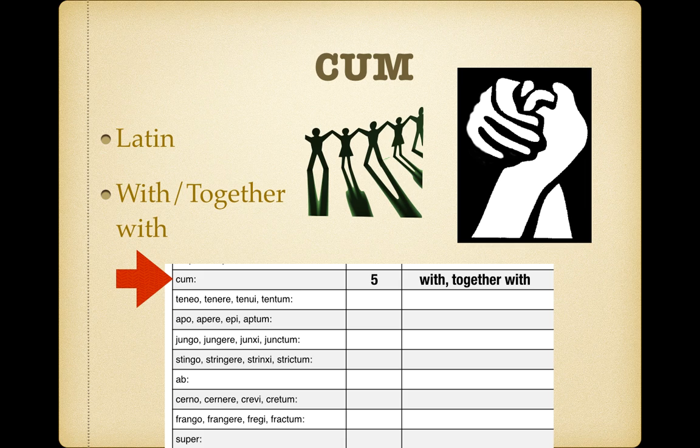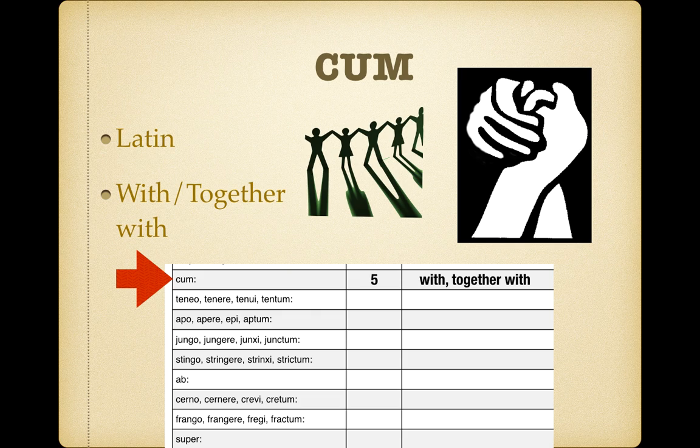The first word that we're going to look at that uses this root is coherent. Now, just from hearing that word, you probably noticed that cum, C-U-M, is not actually represented in the word coherent.